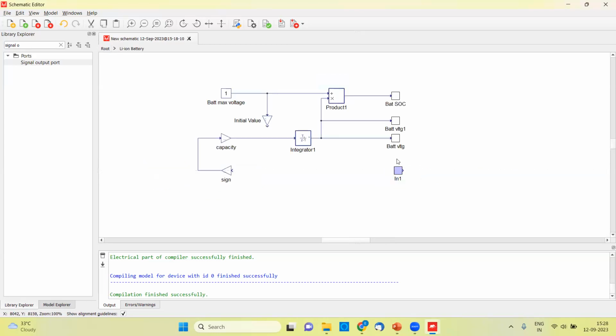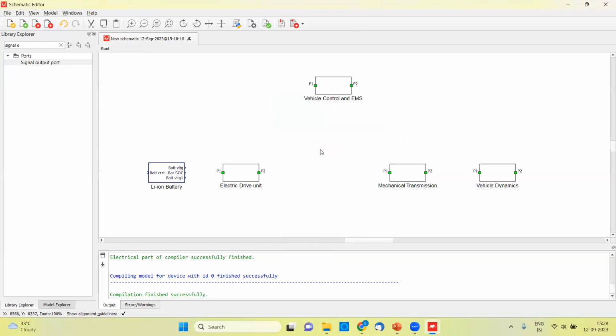I'm going to flip this block and I will be giving this input to the sign symbol. Now, if I talk about what this input coming into the block is, that is basically the battery current. So this battery current value is getting calculated from some other subsystem.